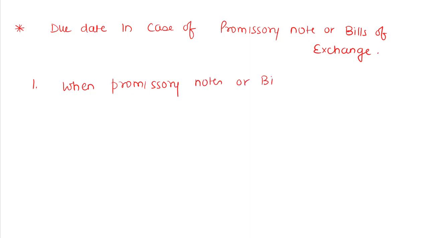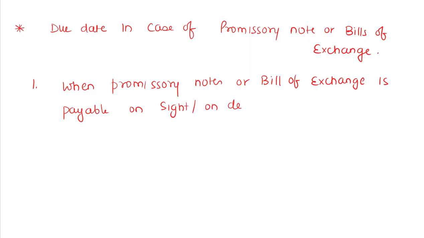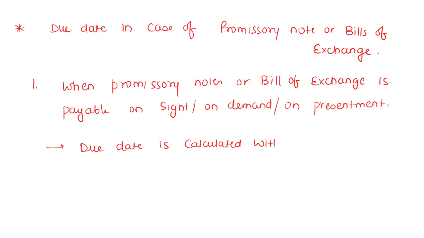When promissory notes or bills of exchange are payable on sight, on demand, on presentment, in these cases the due date is calculated without considering grace days, that is 3 days of grace.